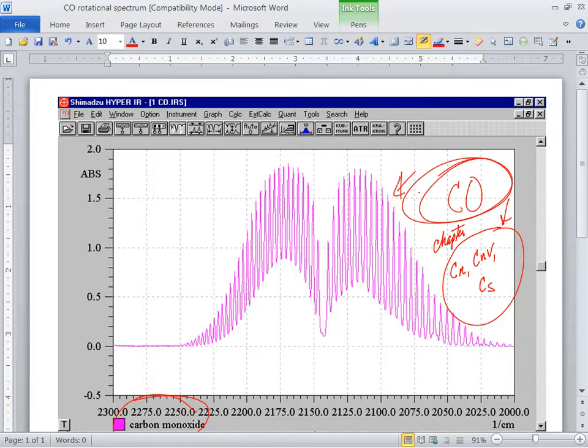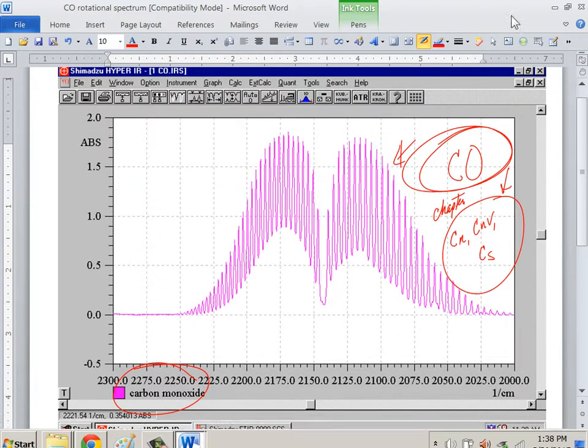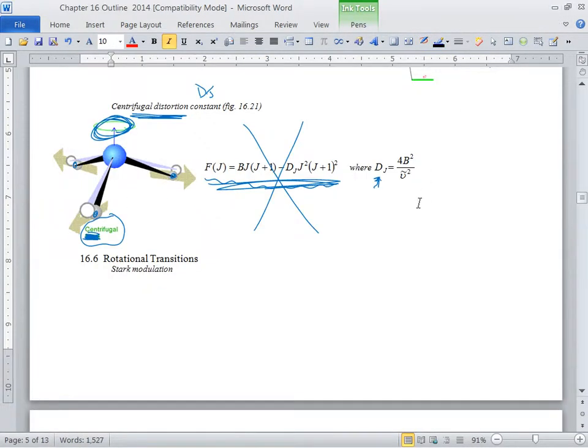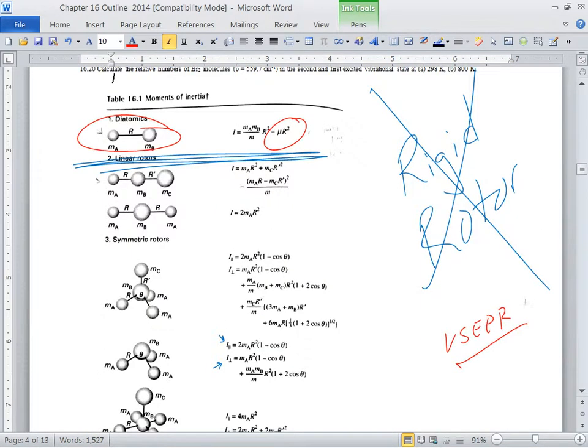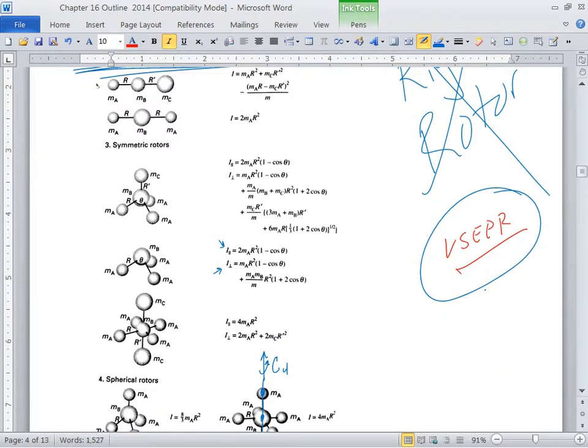If it's polar all the time. And how do you know if something's polar all the time? To me, visually, it goes back to VSEPR theory. You look and see if all the dipole moments cancel out or not. Who really cares about C_n, C_nv, C_s? Just look at it, you can tell. For example, let's say all the atoms are the same.